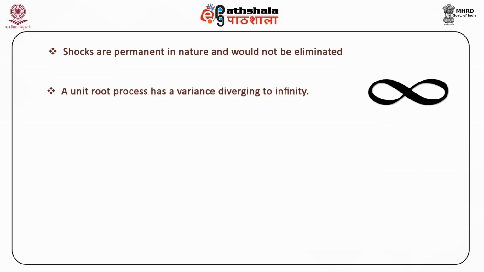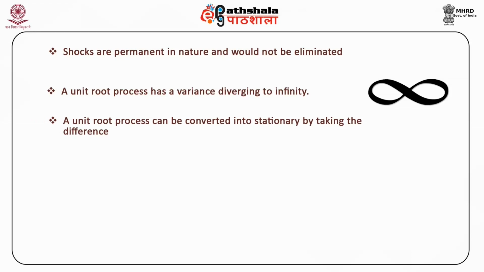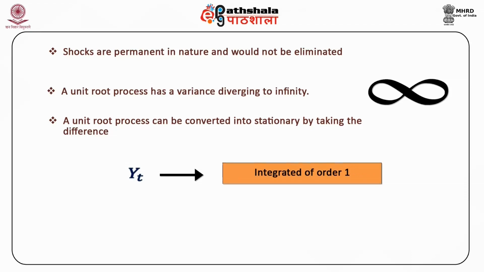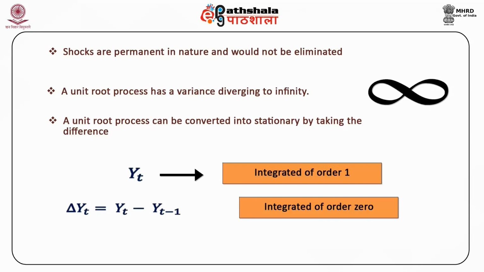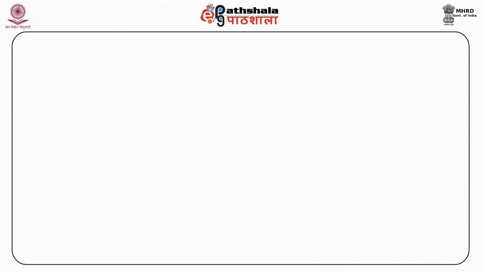And lastly, a unit root process can be converted into stationary by taking the difference. For example, if a series Yt is integrated of order 1, then it can be made integrated of order 0 with ΔYt = Yt - Yt-1.